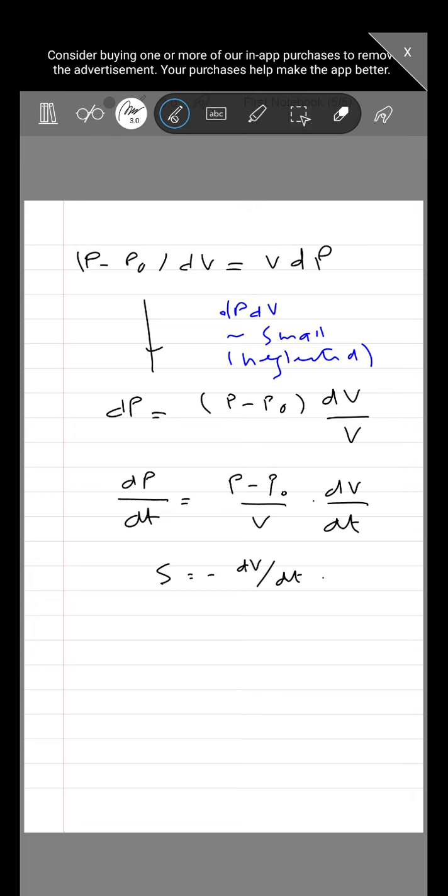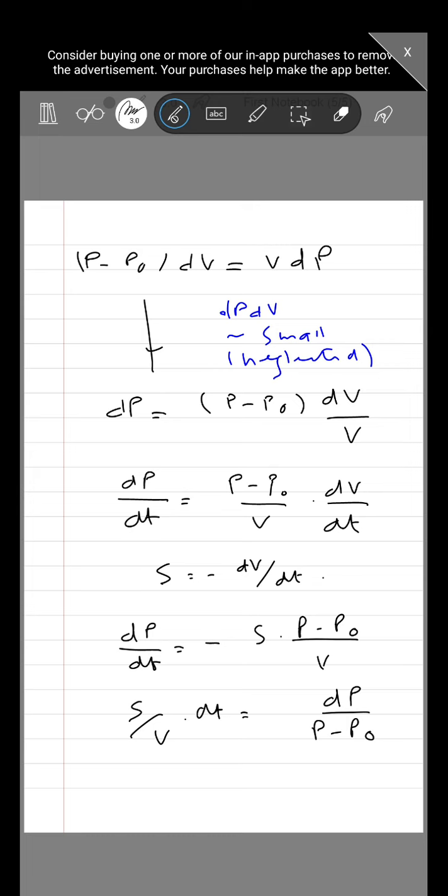Using this, we may write dP by dt is equal to minus S (P minus P0) by V. So we can even write it as S by V into dt is equal to dP divided by (P minus P0).